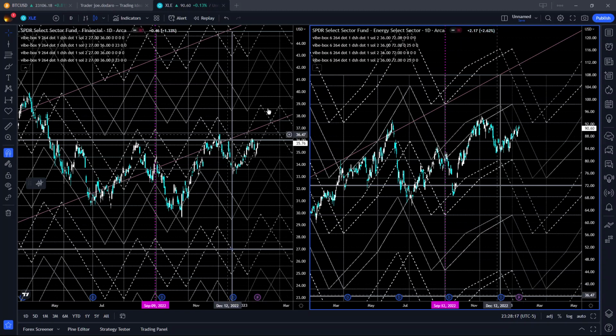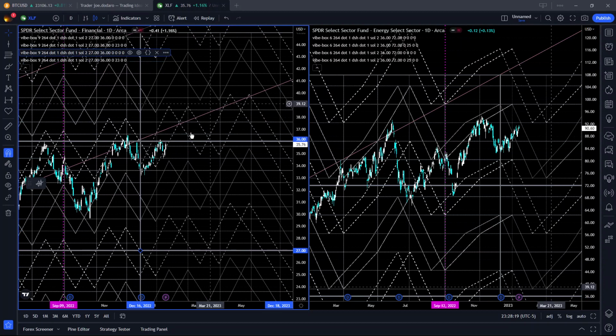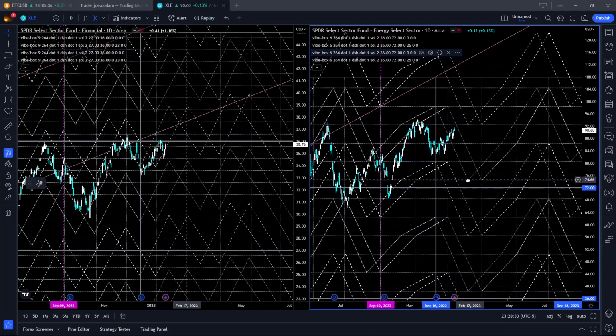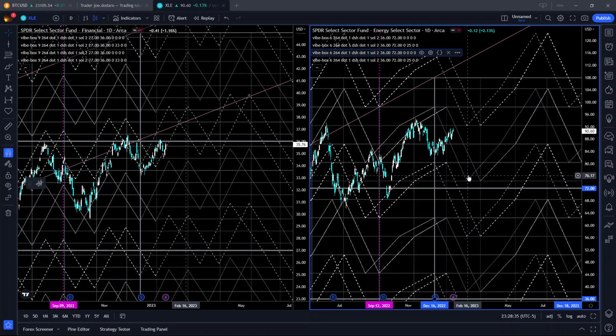That would probably be conducive to that action occurring, and this breaking out to say 38, or even up until testing the 40s level. And here we would be breaking down and hitting maybe one of these harmonics along the way. A major retest of 74 levels would be around the same time as this hitting a high in here.